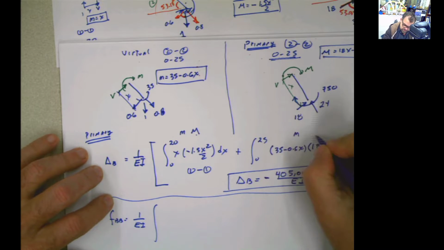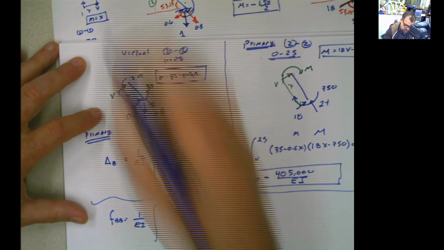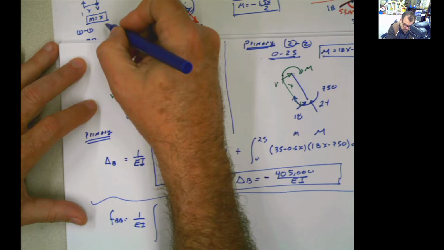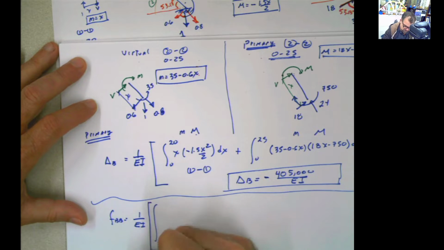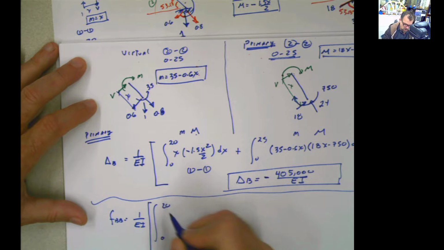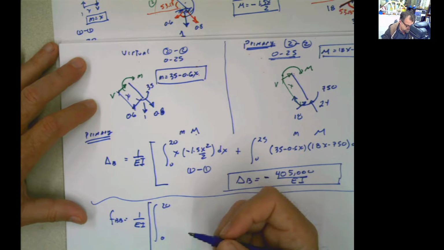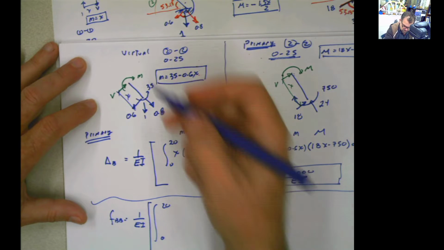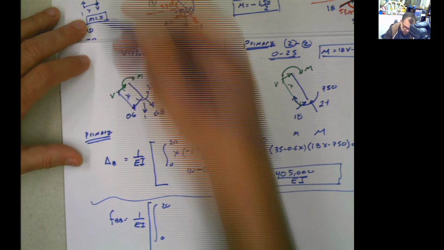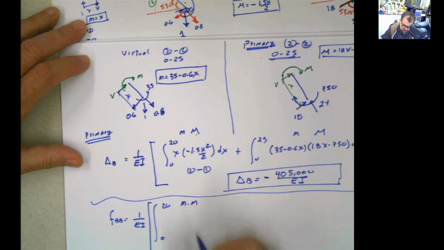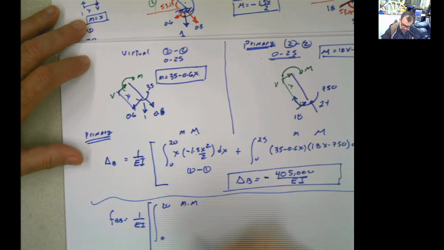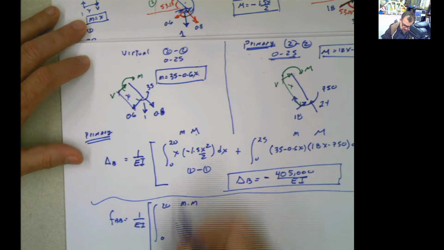From 0 to 20 of small m times small m, which is m squared, which is x squared dx.